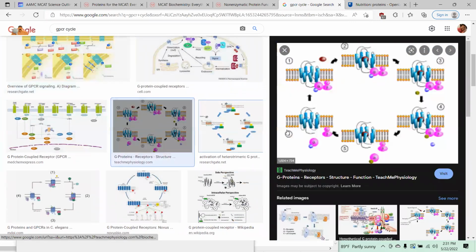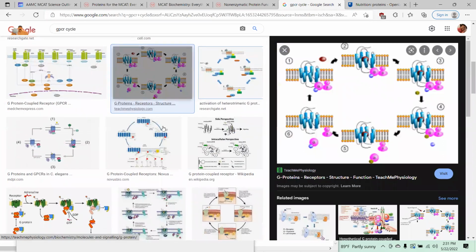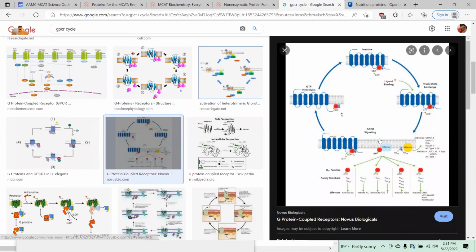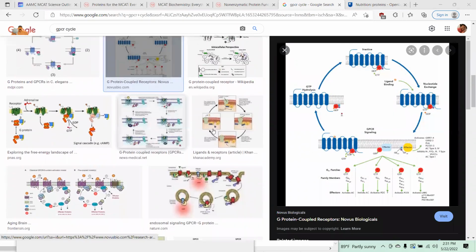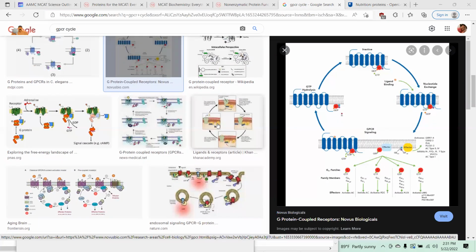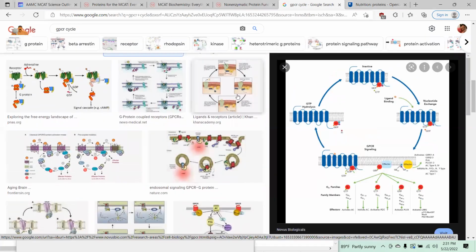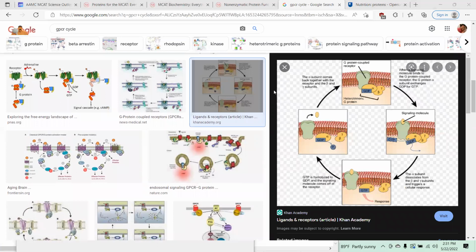These pictures are not that clear. Then again, I'm not even sure if you need to know the cycle in depth. You learn it in biochemistry, but I don't know if they want you to know it for this. Okay, so I mean, this is kind of a decent one. Yeah, this is a decent one.